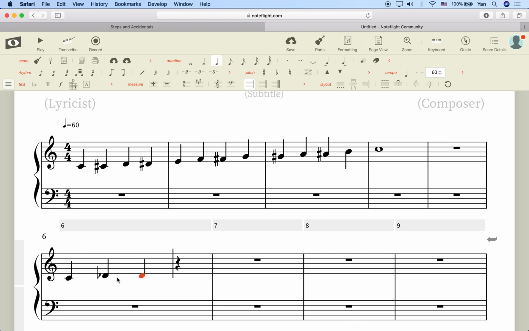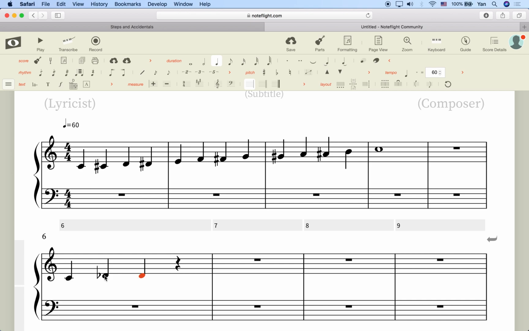Now, here is an interesting rule of accidentals, and it's one that is really important to mention that the lesson didn't talk about. When you write an accidental on the staff, that accidental actually carries over to any other note of the same letter name unless you change it with another accidental in front.